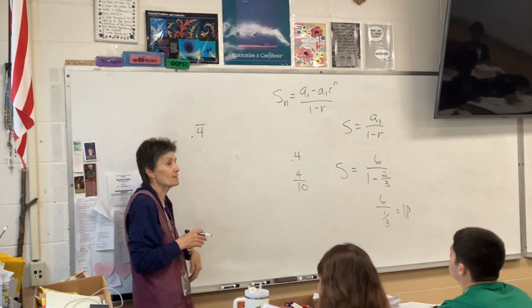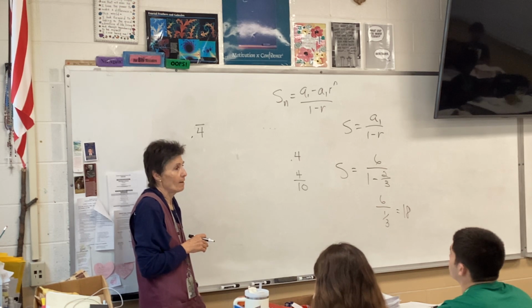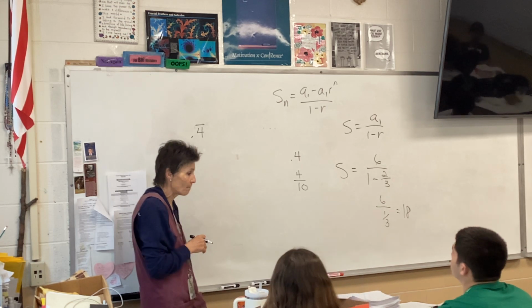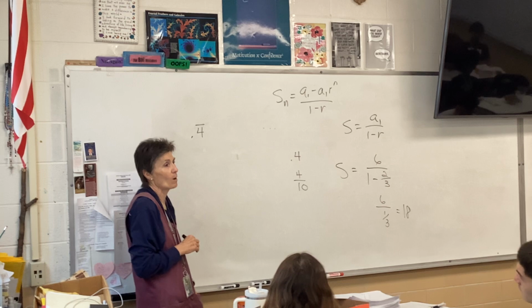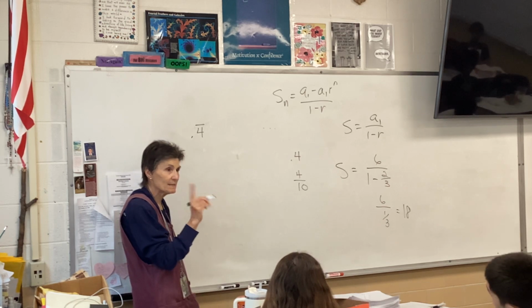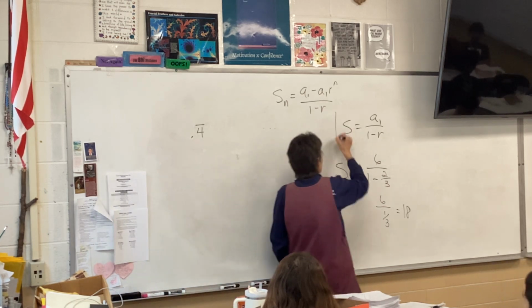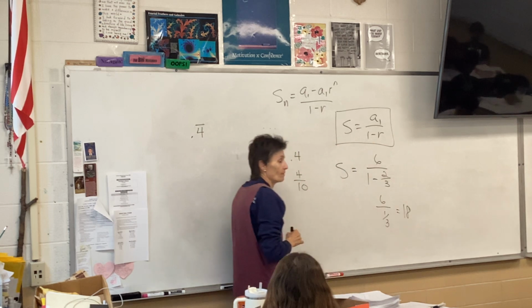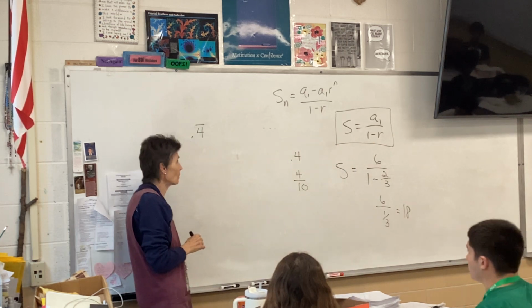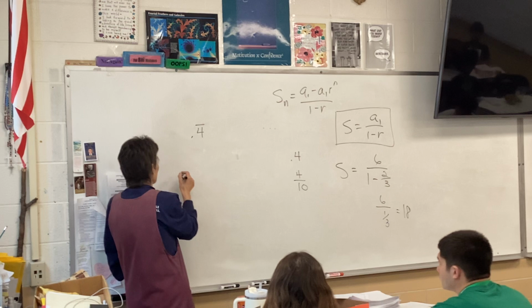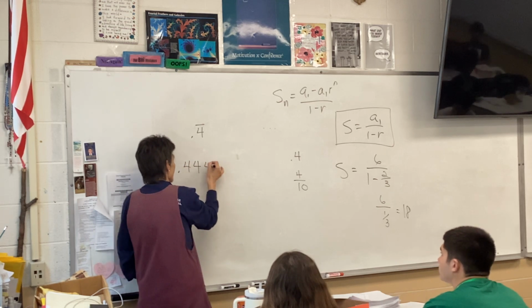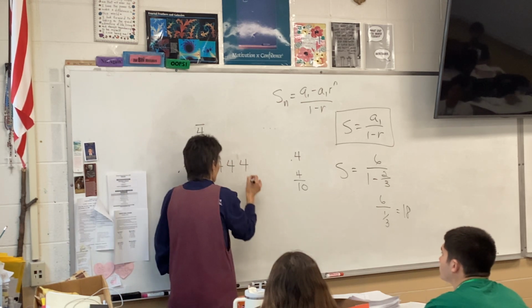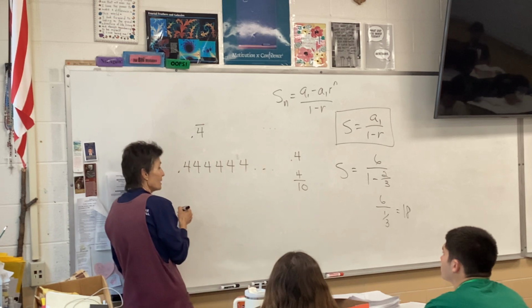So how can I do this if my job is to rewrite it as a fraction? Believe it or not, we're gonna use this formula right here. Whoa, Mrs. Ford, why are we using that formula? Well, I'd like you to look at this repeating decimal. You don't have to write this down, just think about it for a second.